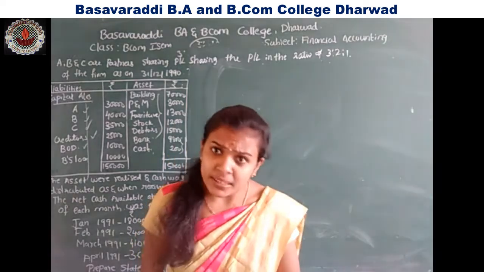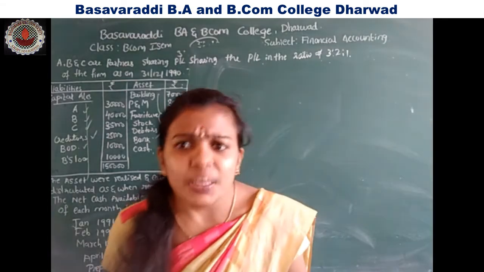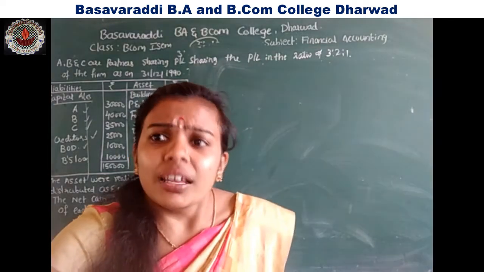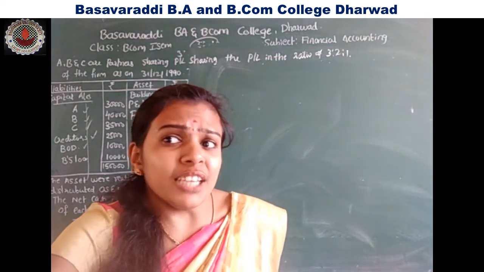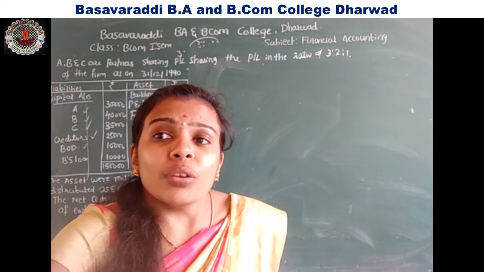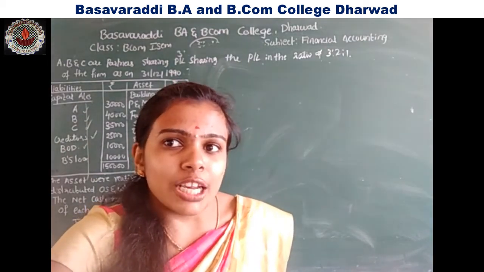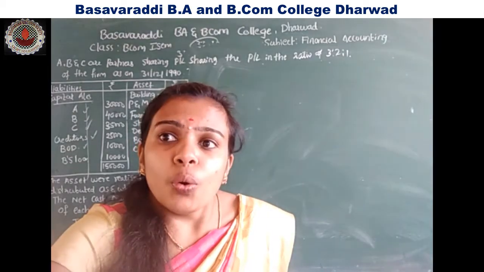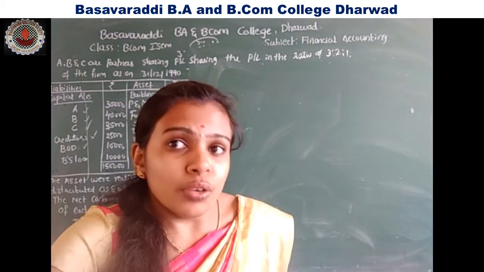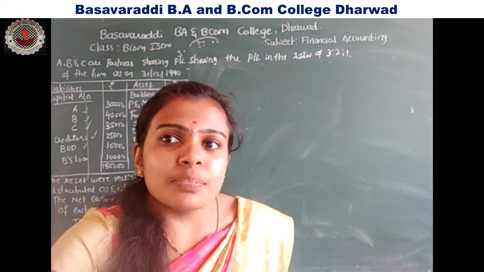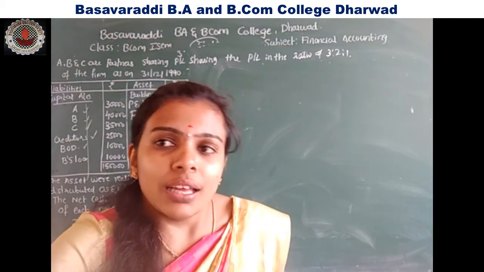Now what do you mean by surplus capital method? We already discussed it in the last class. Under the surplus capital method, when the capitals of the partners are not in proportion to their profit or loss ratio, the partner who has contributed more than his proportionate share of capital is paid first, in priority to the other partners.